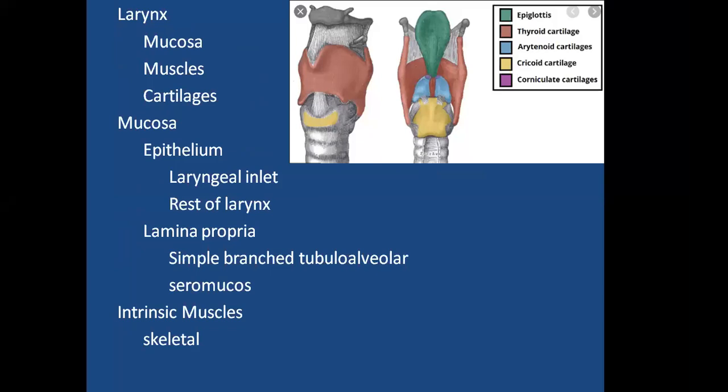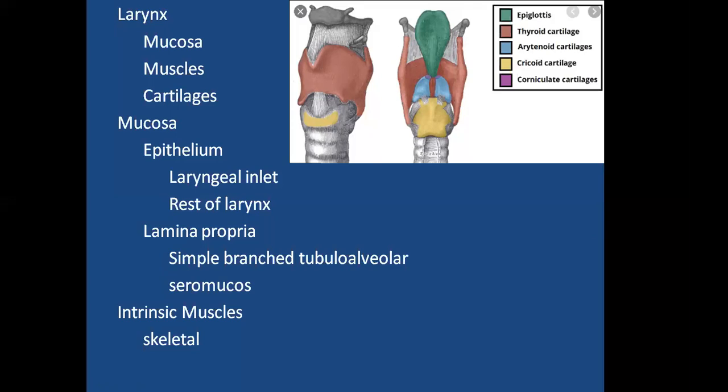From the nasopharynx, there comes the larynx. The larynx consists of the mucosa, muscles, and the cartilages.